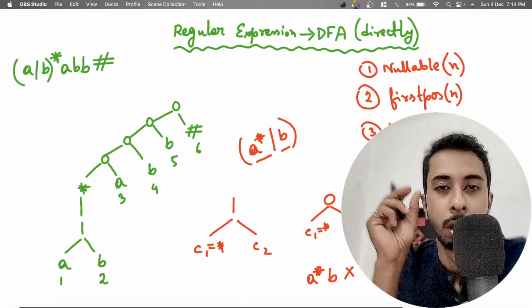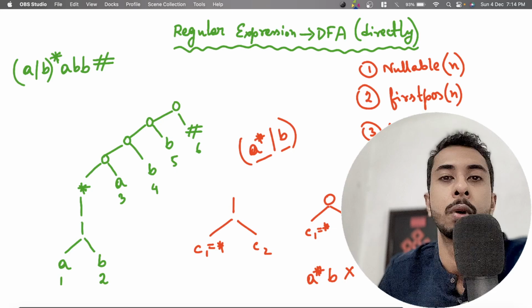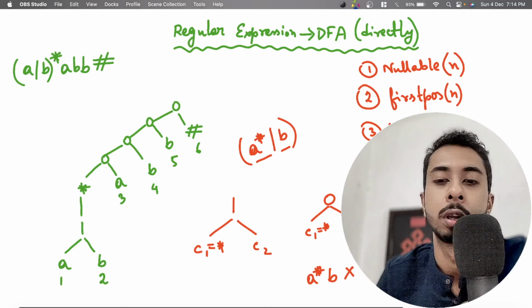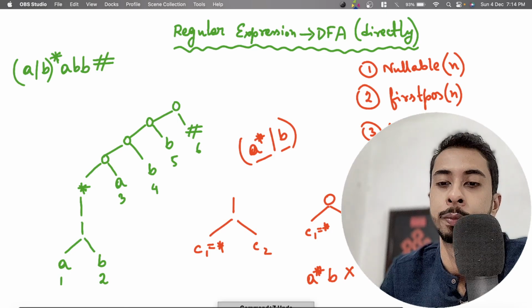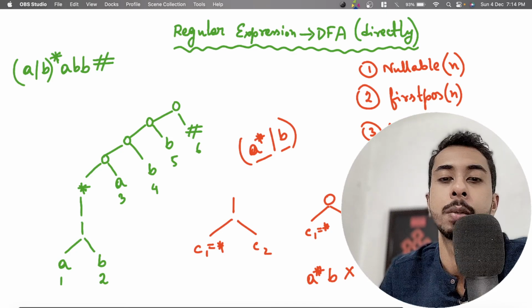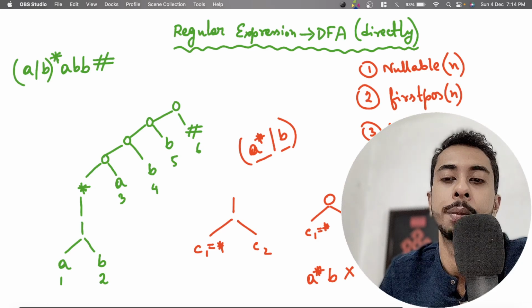I may choose zero occurrences of A, that is not an issue, but I have to choose at least one B. So this is not nullable. Let's say this one, A, B star. Is it nullable? No, because A must be there. B can be made null, but A must be there. So this is not nullable.